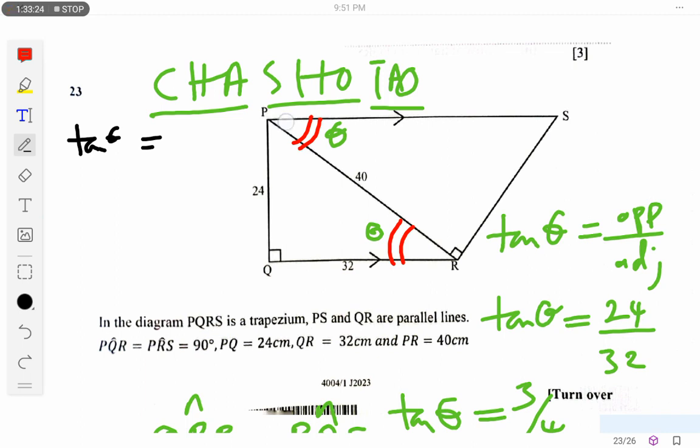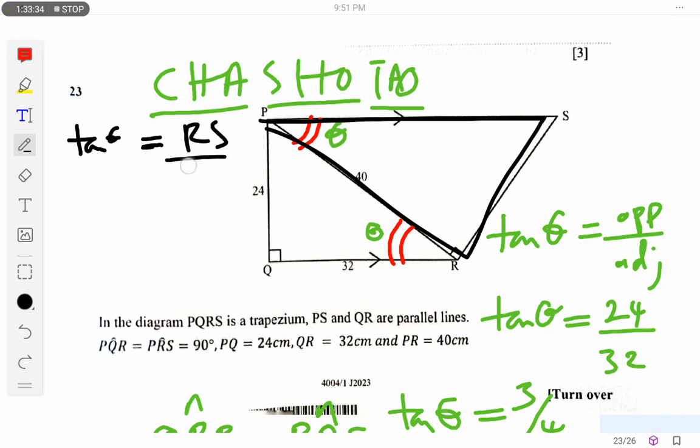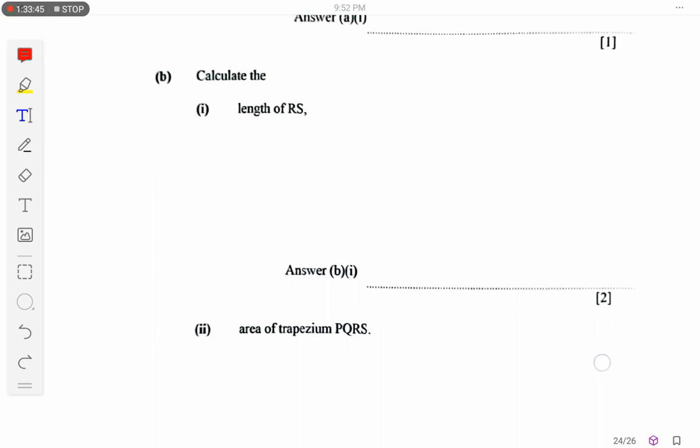So for this triangle, I can use the same principle: my opposite is RS over my adjacent, which is 40. Because it's the same angle as this one, it is equal to 3 over 4. You get it? Okay, let's go back and find that.